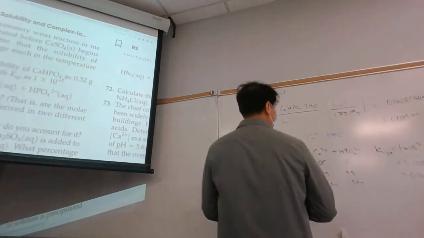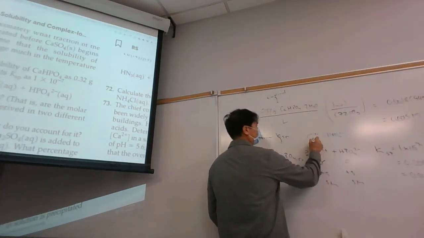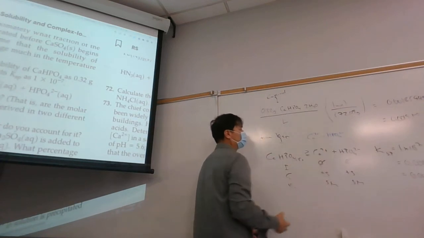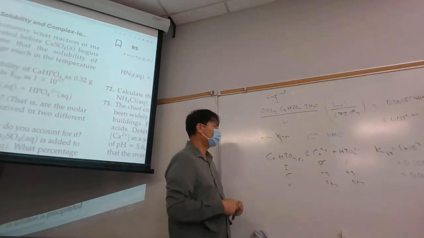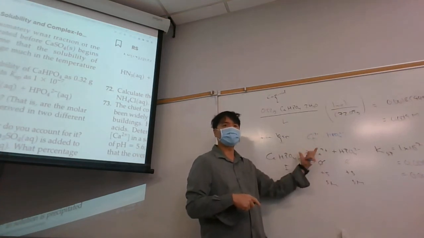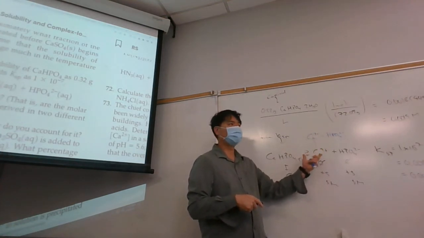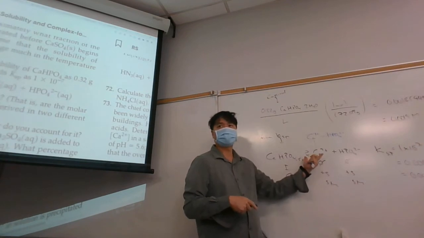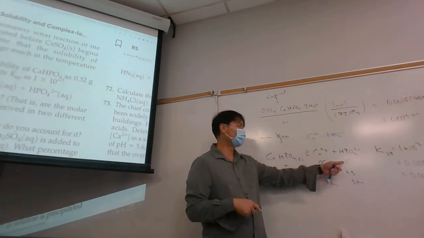We could have calciums that are paired like this. And due to these ion pairing interactions, we get more calcium than what we predict based on the KSP.